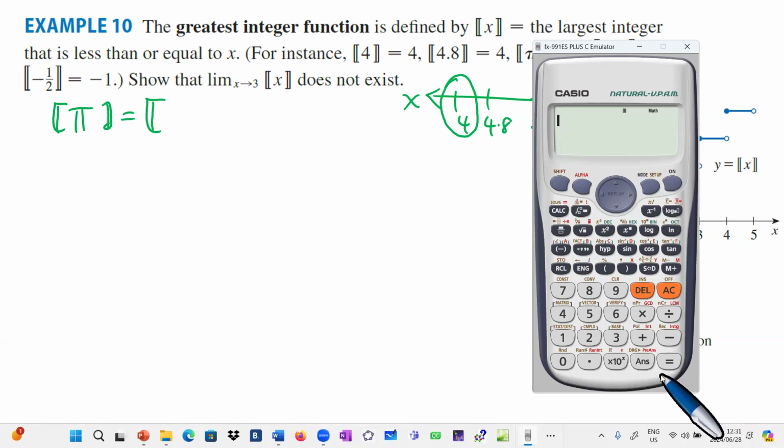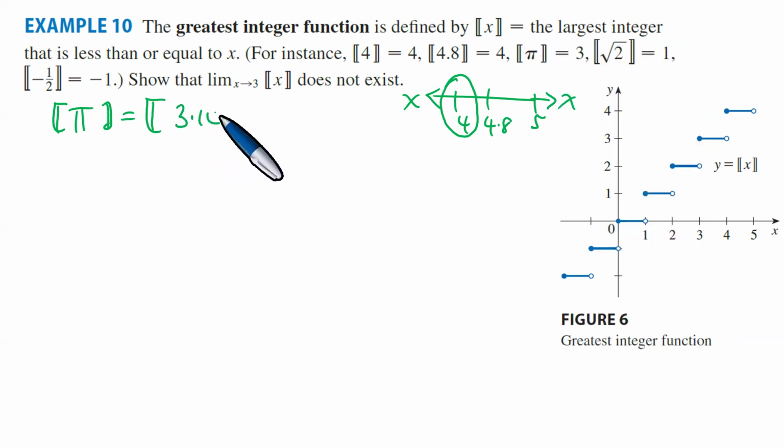Here it is. According to this calculator, pi, to 2 decimal places, is 3.14. So we put 3.14. What is the greatest integer less than or equal to 3.14? It is exactly 3, and hence the answer is 3.